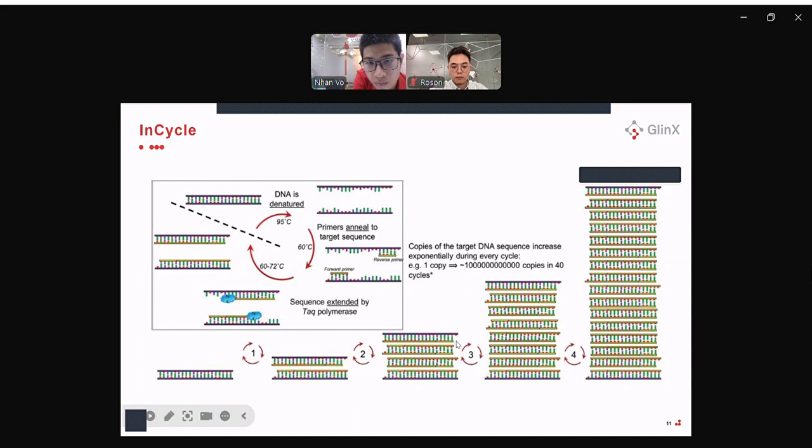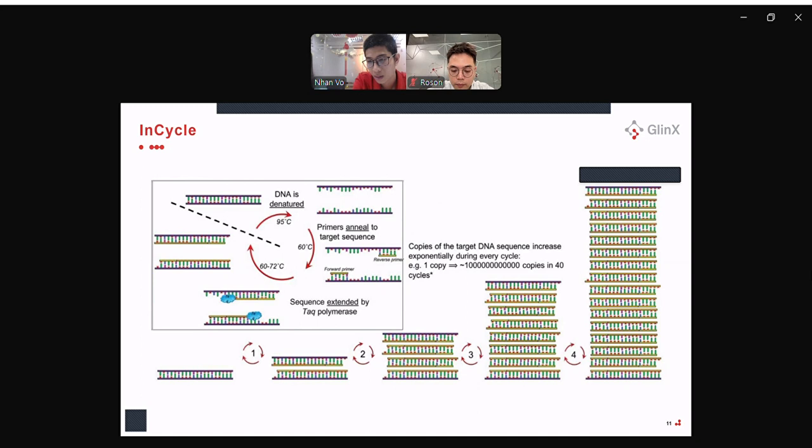After the third cycle, the four becomes eight. And after the fourth cycle, the eight becomes how many? 16, right? This is exponential amplification.